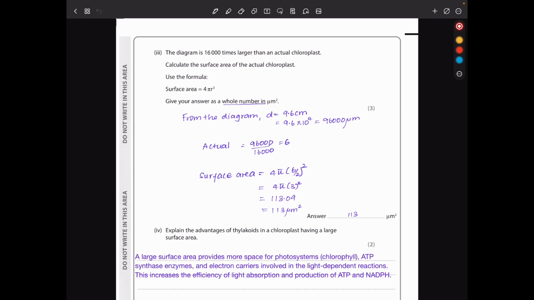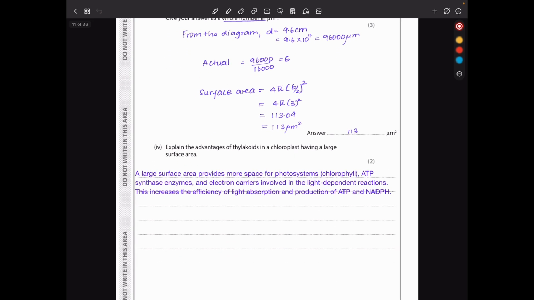To substitute into this formula, 4 pi r squared, 4 times pi, the radius is going to be 6 divided by 2, which is the same as 4 pi 3 squared. And I got 113 micrometers squared, since they wanted the answer as a whole number. Then next they say explain the advantages of thylakoids in a chloroplast having a large surface area.